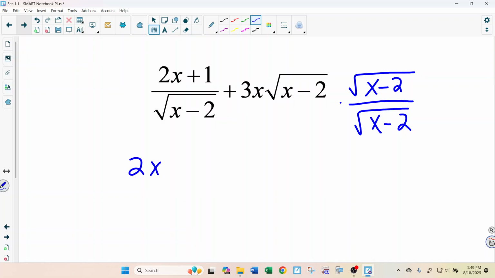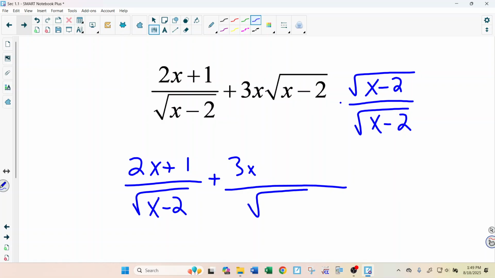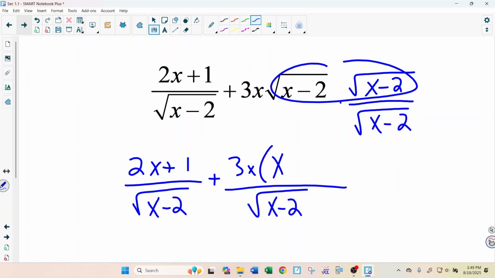So what that will do is my common denominator is square root of x minus 2. And what happens over here is we get the same denominator. These two cancel and simplify down to just x minus 2.